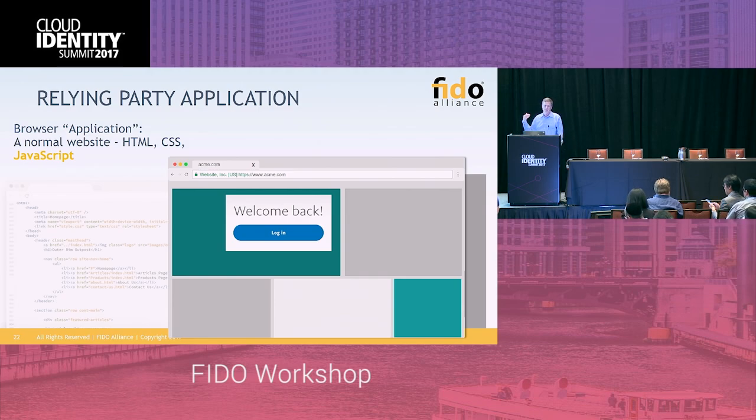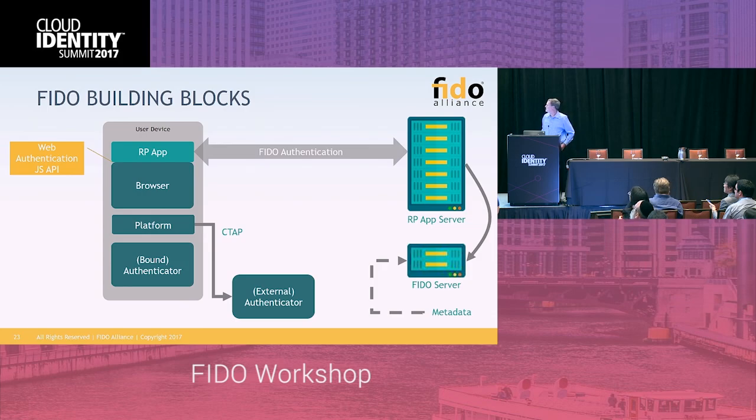You're not going to need any specific Chrome JavaScript versus Edge JavaScript versus Mozilla Firefox JavaScript. And so as you see, we've eliminated the stack quite a bit. We have just the browser now and the platform and how they bind to the particular authenticator. So there will be almost zero code besides the JavaScript that gets delivered to the client side. So there's no client-side application that you'll have to maintain.